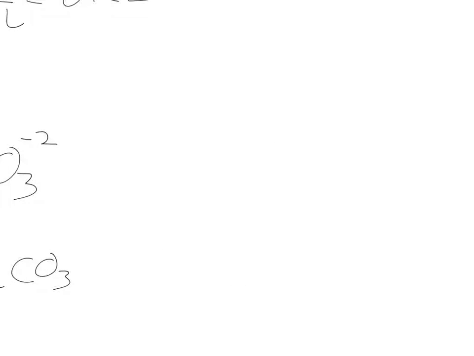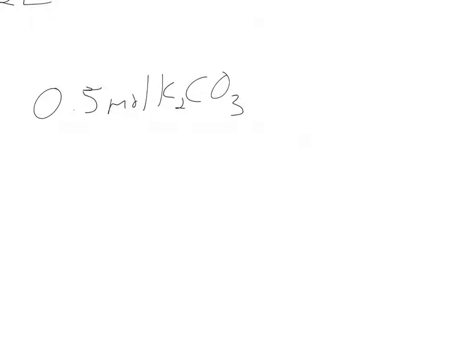So let's put that over here. Got half a mole of K2CO3. And I want to change that into grams. So when I multiply, I'm going to put moles on bottom, grams on top. And if I see moles to grams, I always look at the periodic table. I know there's 1 mole on the periodic table, and then I have to look up for potassium.